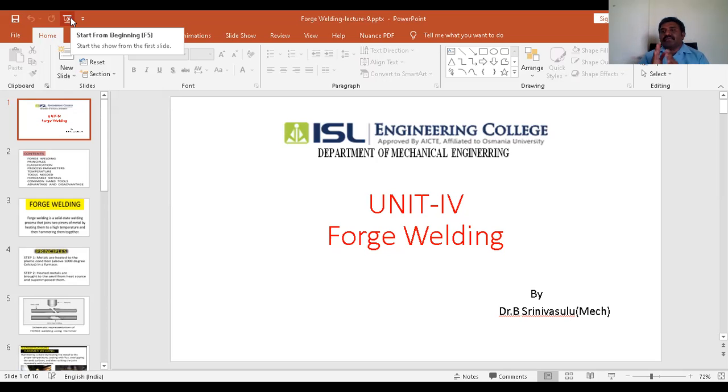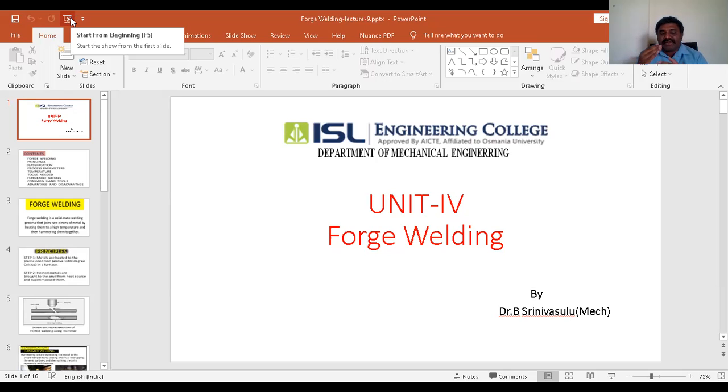We have to see that the melting does not take place in the base metal. If the base metal totally melts, welding becomes very difficult. So we have to take care that the temperature stays below the melting point of the base metal.